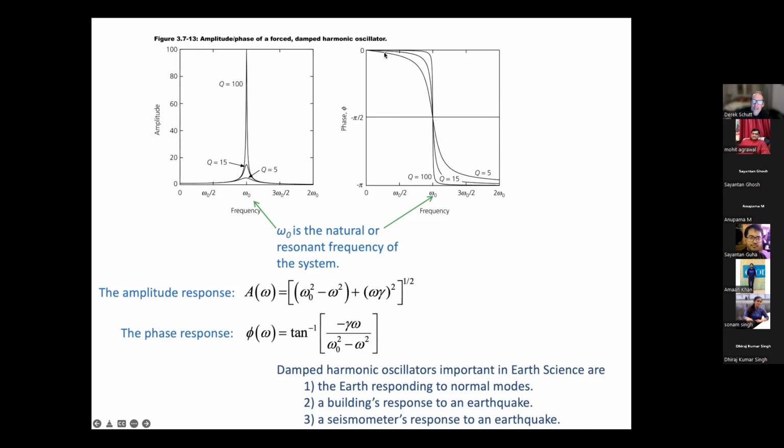So as I go to lower frequencies, the phase of the spring will actually shift by as much as pi. So damped harmonic oscillators are important in earth science as the earth responding to normal modes, a building's response to an earthquake, or a seismometer's response to an earthquake.